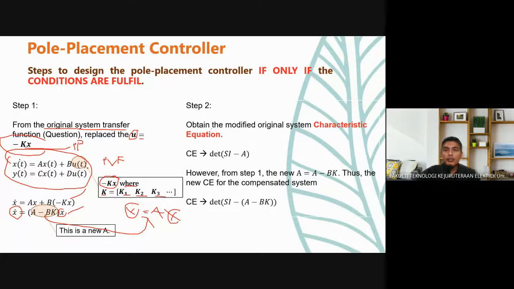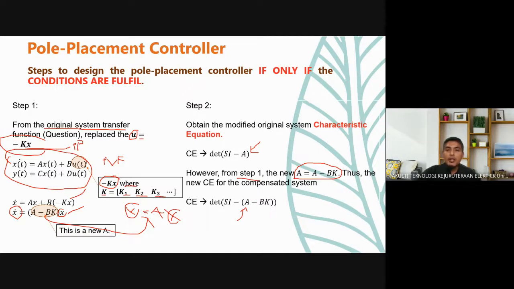So step number 2, obtain the original system characteristic equation. This one, determinant of sI minus A if you refer to the original. However, from step number 1, the new A is A minus BK. So finally, this is your new characteristic equation for the original system.